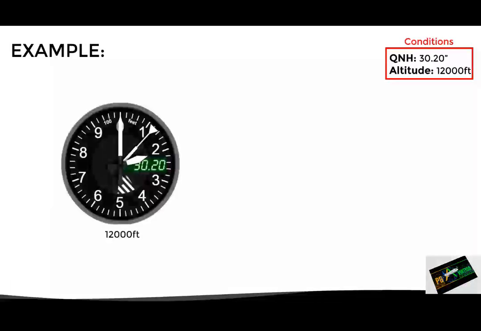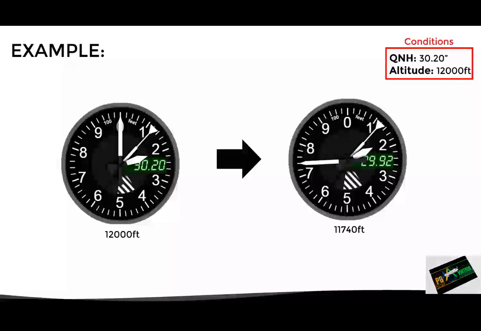So, normally our altimeter will be adjusted with the local QNH of 3020, in this case indicating an altitude of 12,000 feet. To determine the pressure altitude, all we have to do is adjust 2992 in the altimeter and read the altitude indication. In this case 11,740 feet. Finally, let's see how to use the approximate formula using the same conditions.